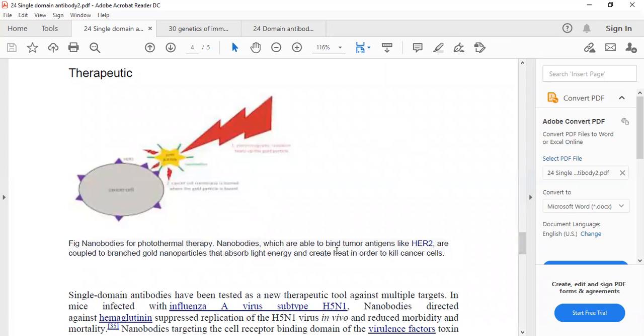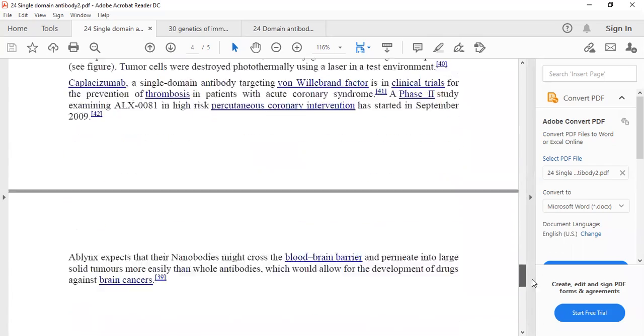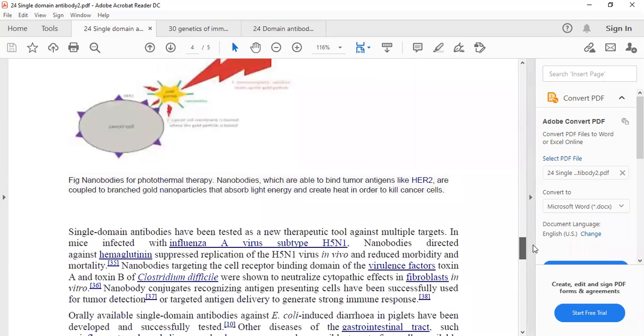We can design single domain antibodies to bind to antigens like HER2 for the treatment of cancer, because these single domain antibodies will bind to the cancer cells, and after binding they can be used for the killing of viruses as well as the removal of cancerous cells. So these are the purposes for which we can use single domain antibodies.